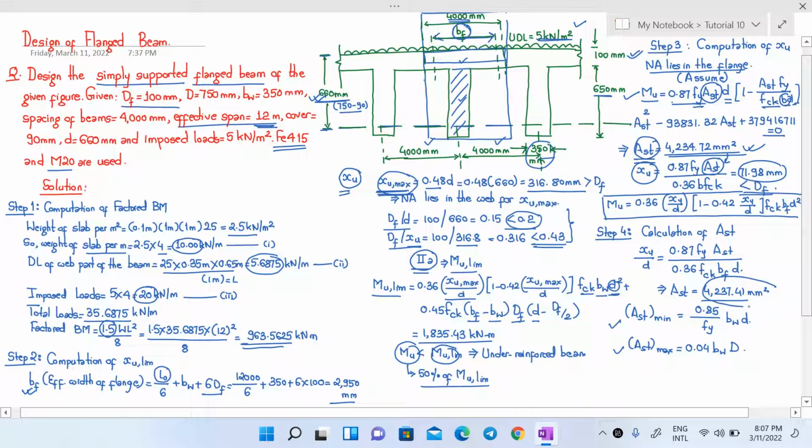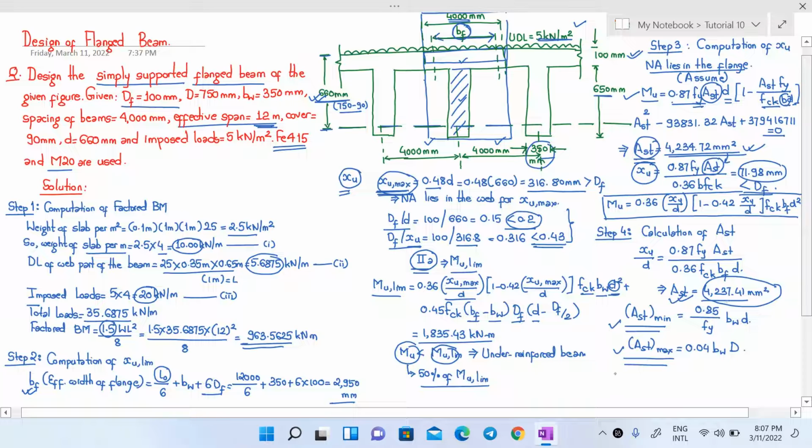The AST value that we got should be greater than AST minimum but lesser than AST maximum. So in fact, you will get it greater than this minimum value and lesser than this maximum value. So our AST that we calculated will be correct.